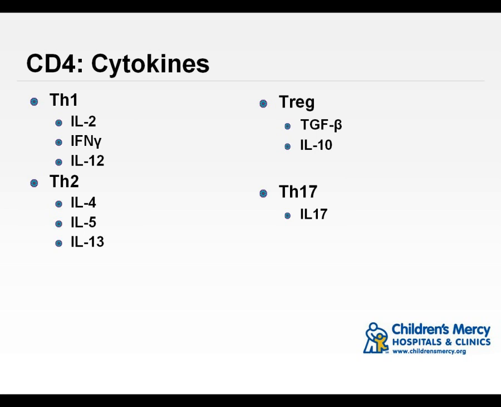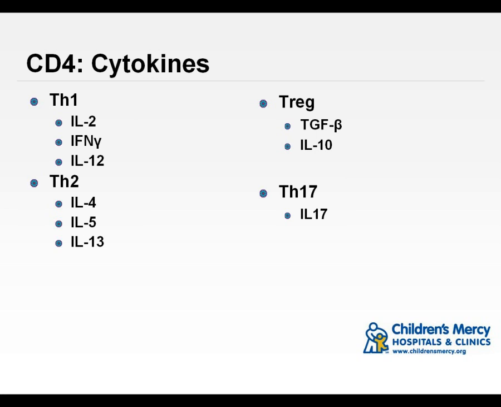Depending on what antigen is presented and depending on what signals it receives from that dendritic cell in that initial interaction, the CD4 cell becomes a subset, and that subset will secrete its set of cytokines.